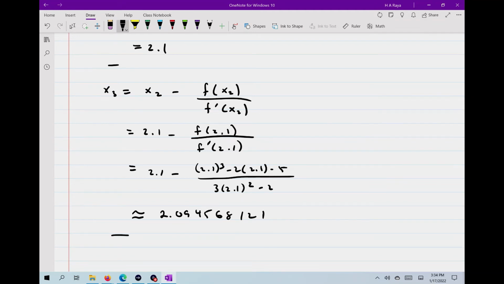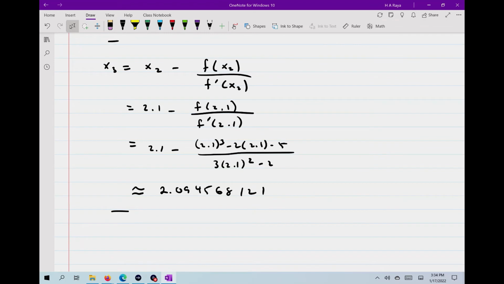I want to do a few more iterations so you can get to see what happens when these xn's start converging to a specific value. So if we repeat the process for x4, we would get approximately 2.0945.